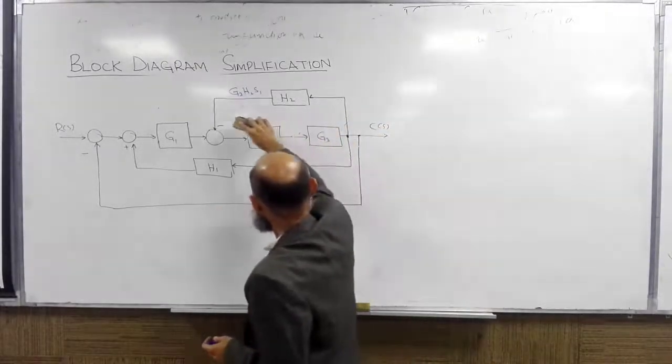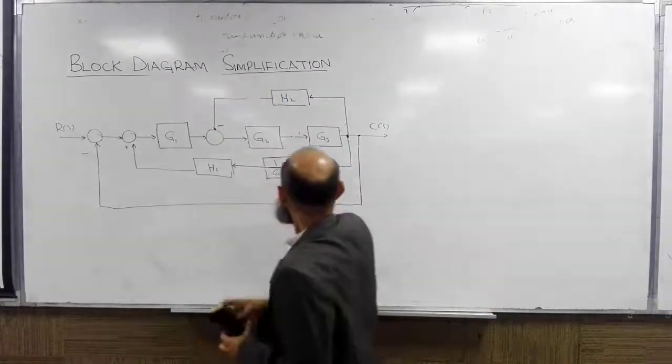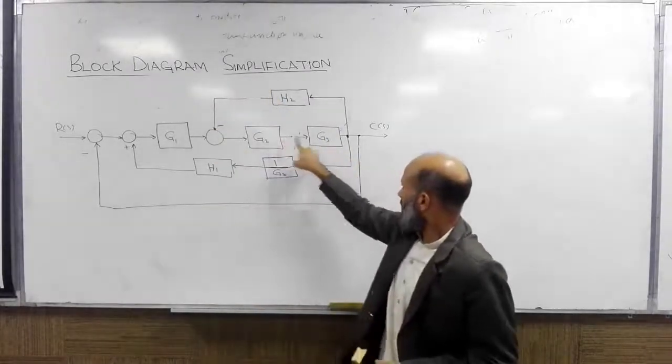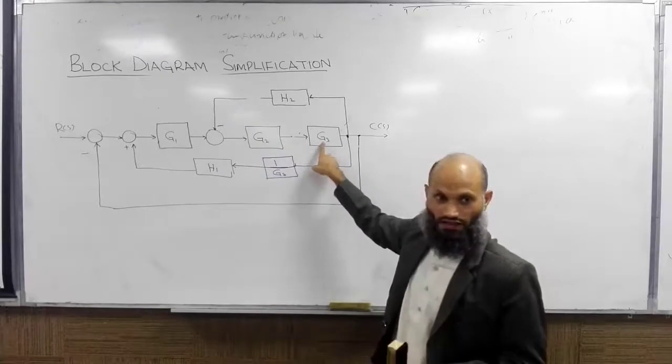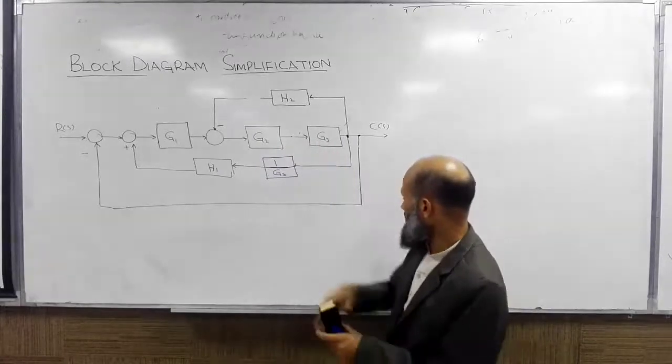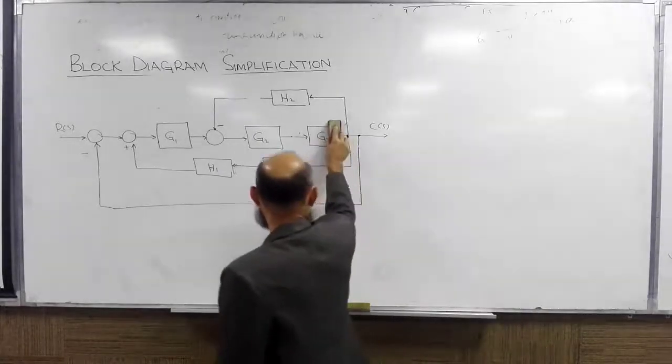So now things are easy. We have a series or cascade combination. So the equivalent transfer function is G2 multiplied by G3.